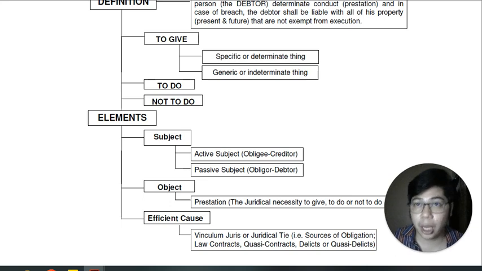Even if you put a red color into it, or even if you specify that it has four wheels, tinted red, or any customizations, it still becomes indeterminate or generic, because you can find another car just like that.